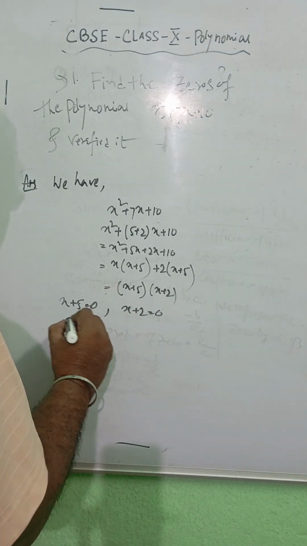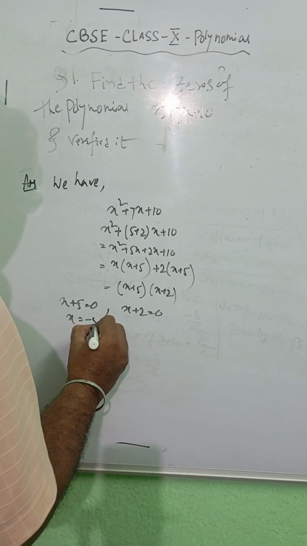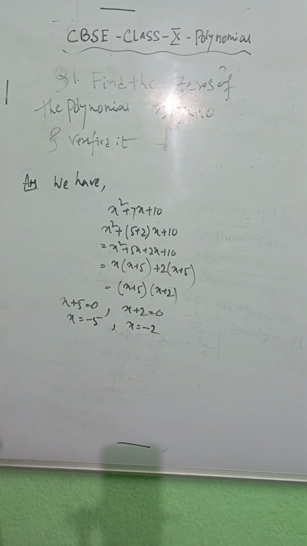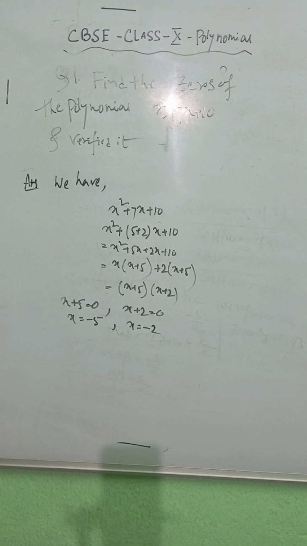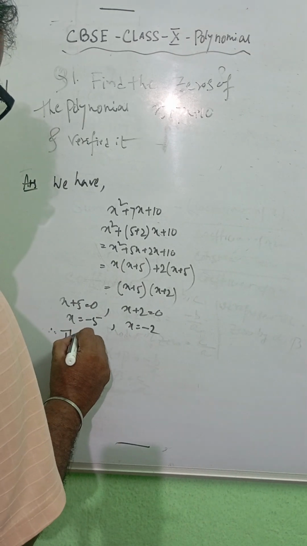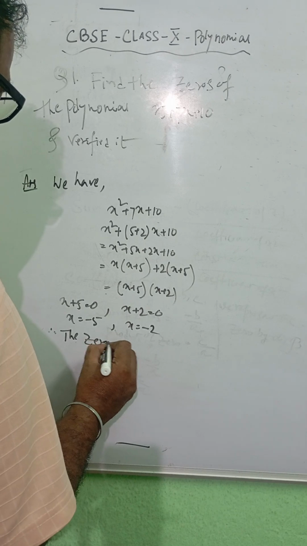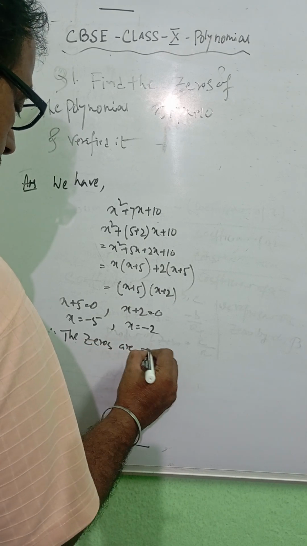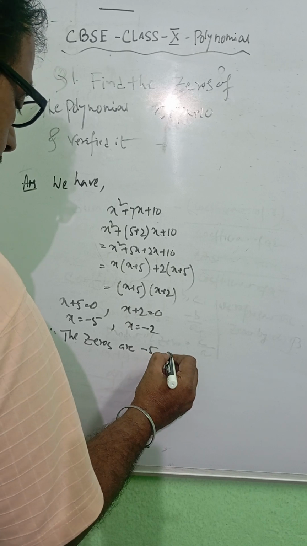That is x is equal to minus 5, x is equal to minus 2. So therefore, the zeros are minus 5, minus 2.